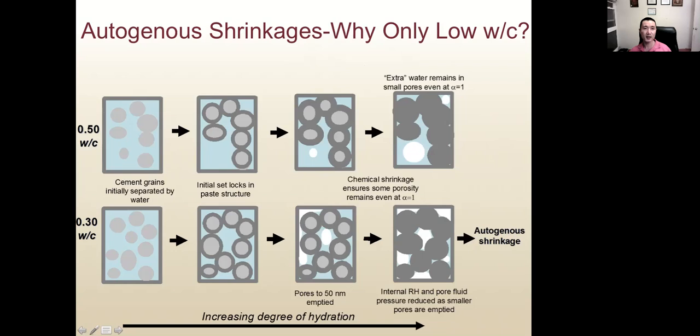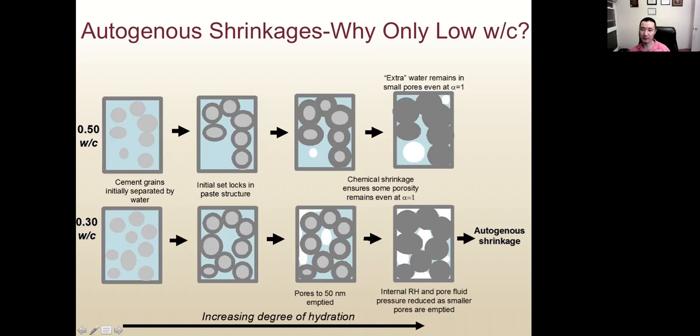So let's further look at autogeneous shrinkage and see why it only occurs in low water cement ratio concrete. Here is a concrete with a water cement ratio of 0.5. After initial set, we have the skeleton formed, and we have more drying shrinkage.